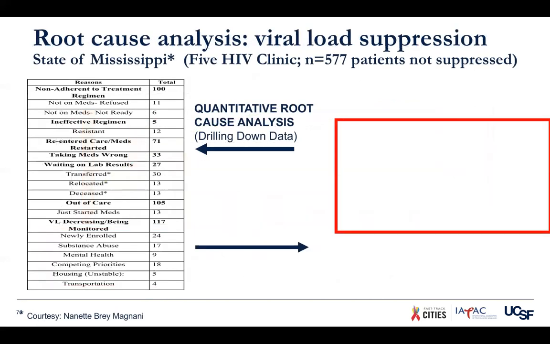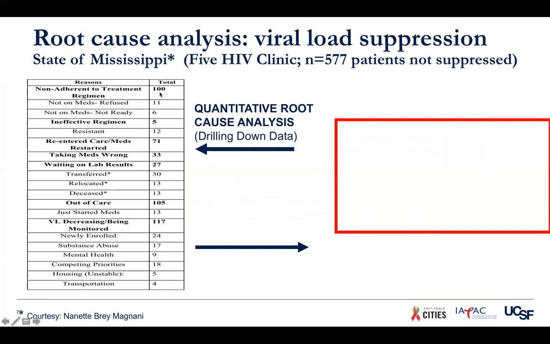Here's an example from the state of Mississippi's Quality Improvement Learning Network that involved 5 clinics and demonstrates the quantification of root causes to facilitate the application of the Pareto Principle. The table on the left shows in bold the most common causes of incomplete viral load suppression in Mississippi.